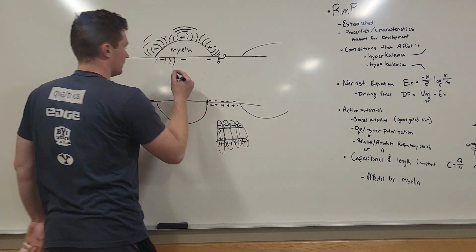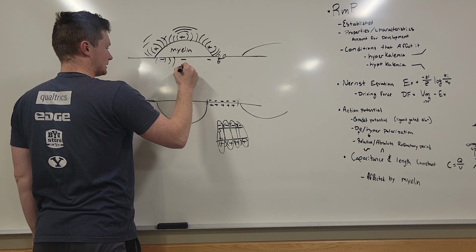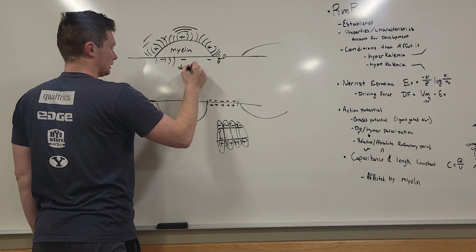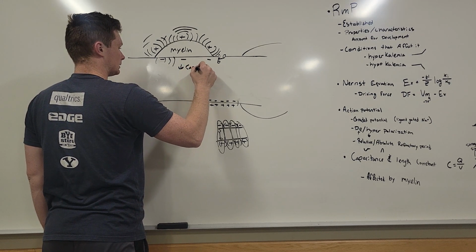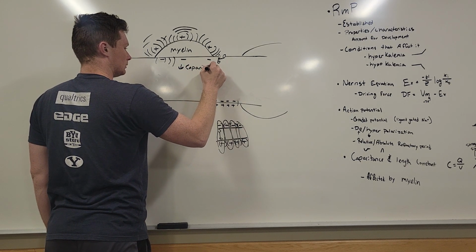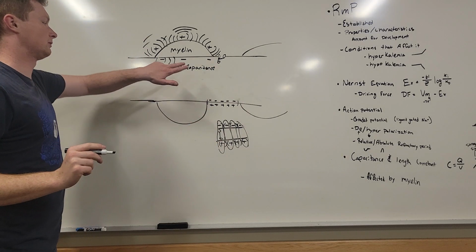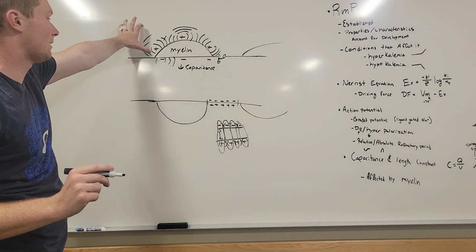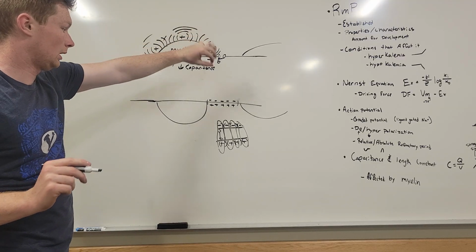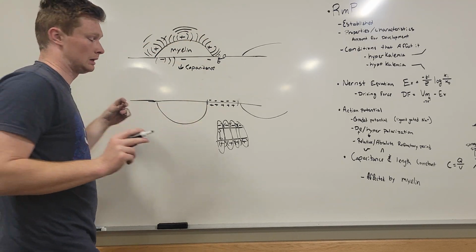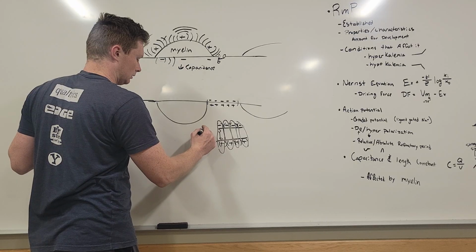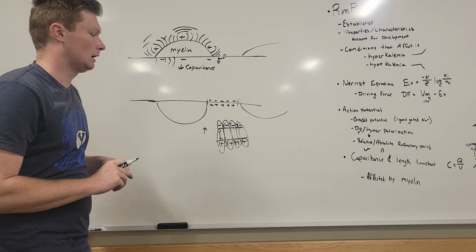We're going to have less capacitance right here, okay? Capacitance. We have less capacitance because we have fewer positives and negatives. This is more capacitance.